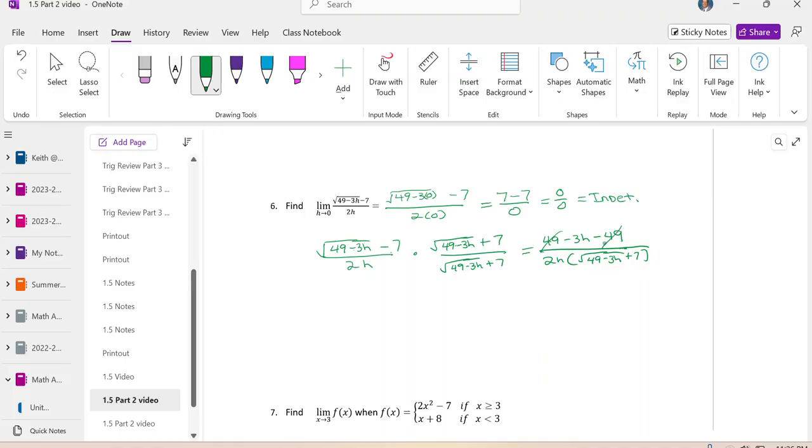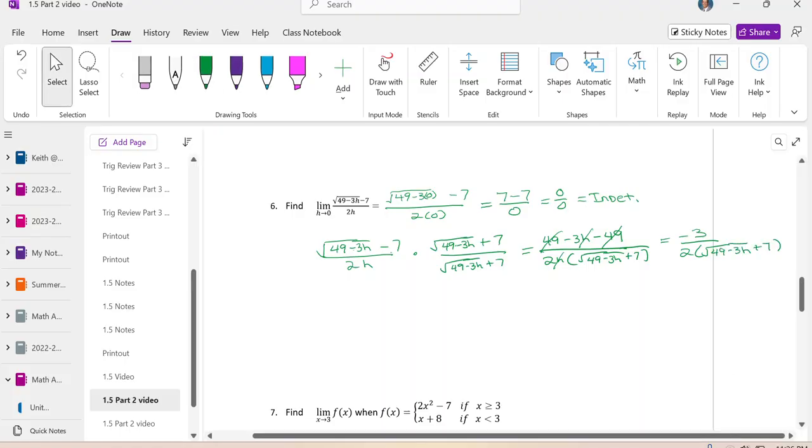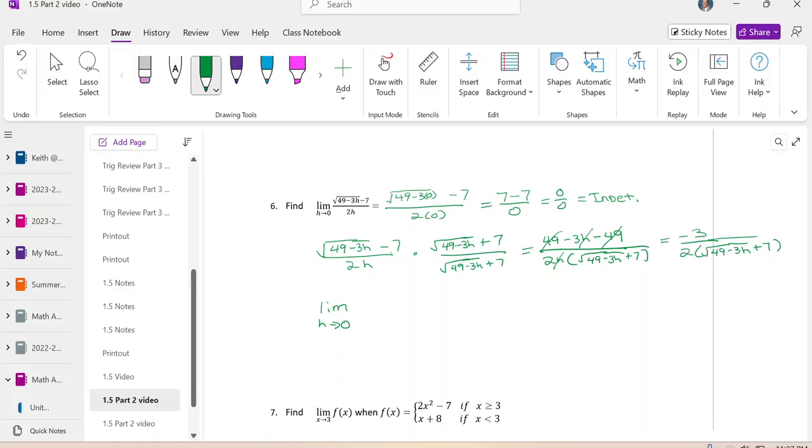Well, the 49's cancel, and then the h's cancel here, so you're left with negative 3 over 2 times the square root of 49 minus 3h plus 7. So that is what we're going to use to find the limit as h approaches 0.